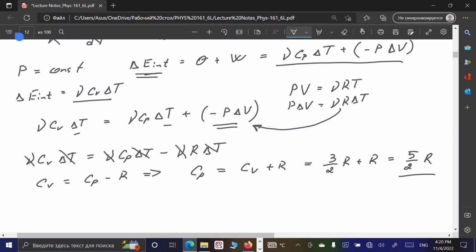And indeed, as you see, Cp is larger than Cv.